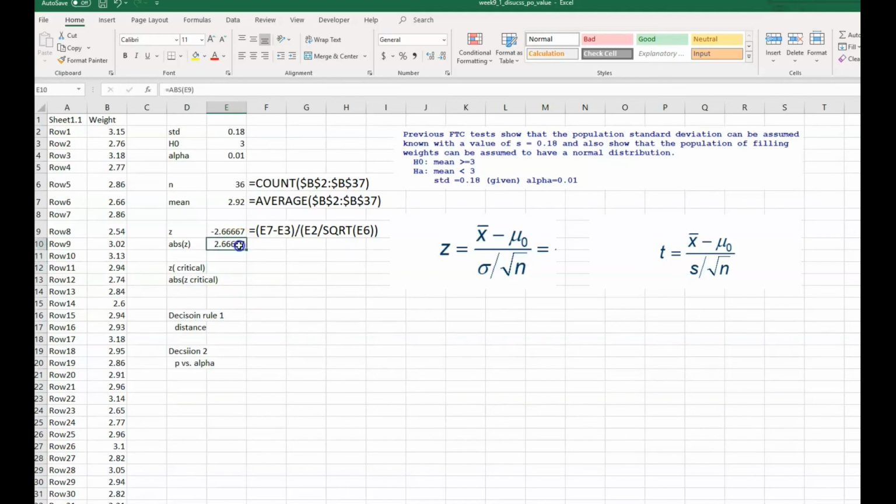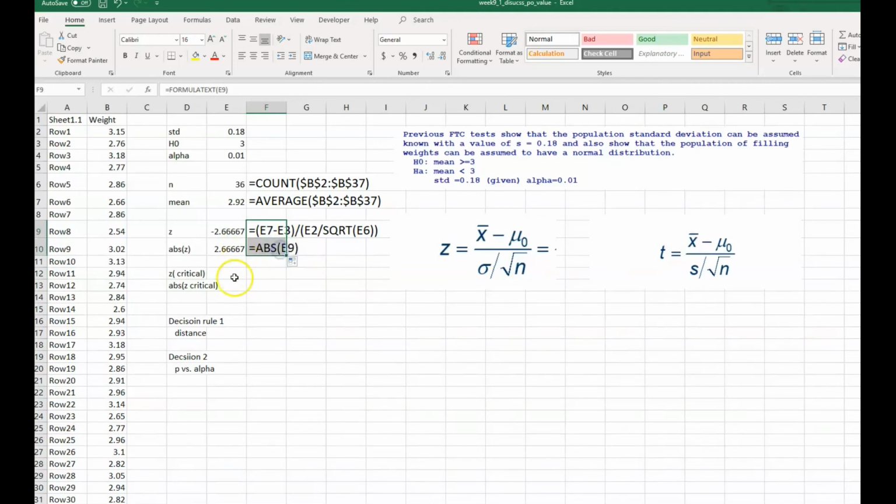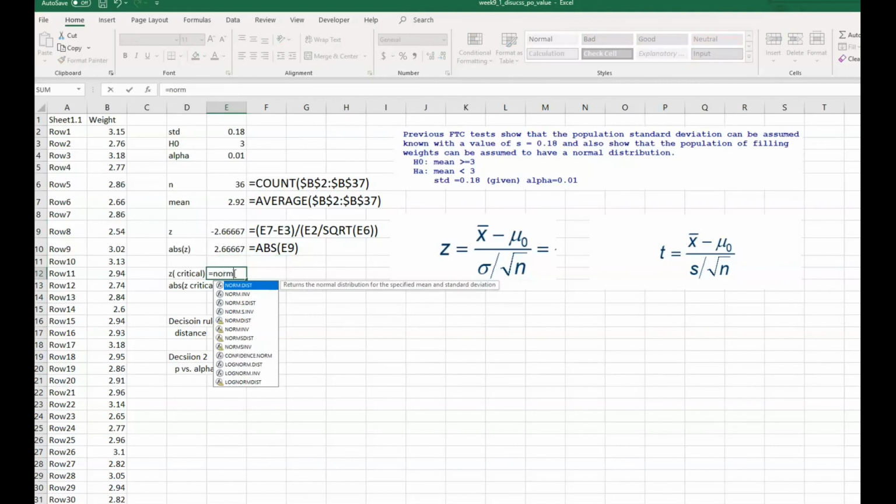Okay. So let's look, I'm going to show the formula. And so this is absolute. Let's look at the critical value. Norm.S.Inv, so this is inverse. Okay. So this is the probability. So probability is 1%. Why don't we divide by 2? Because this is one-sided. Okay.